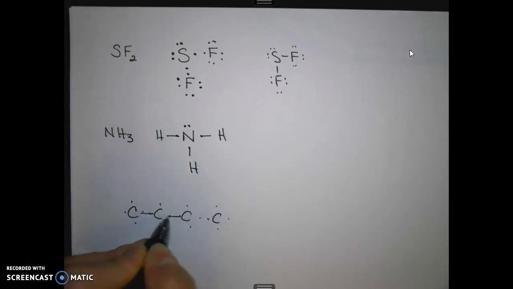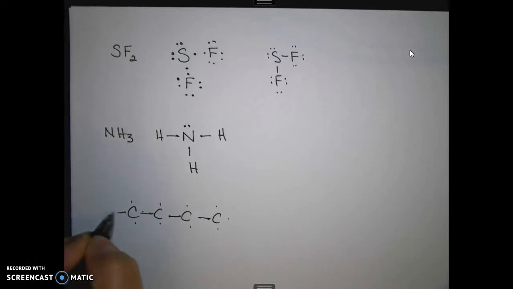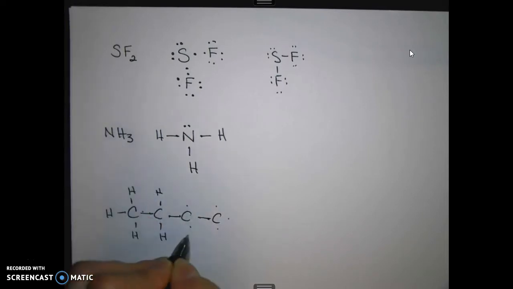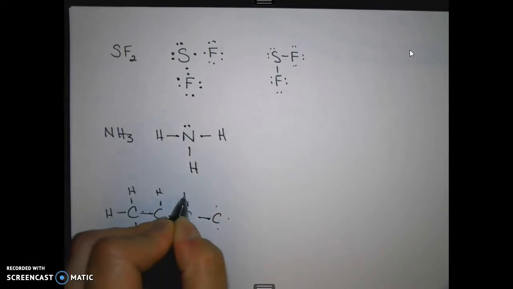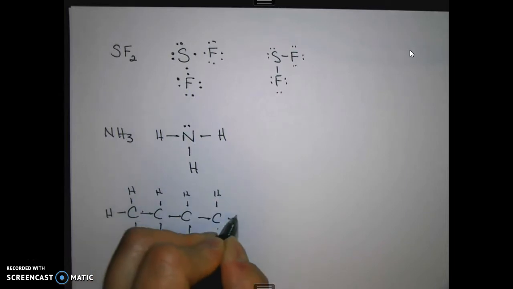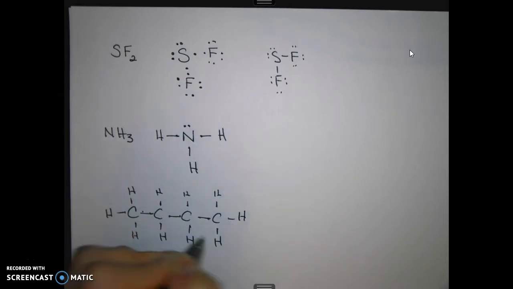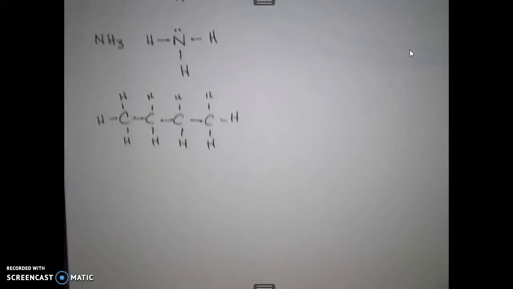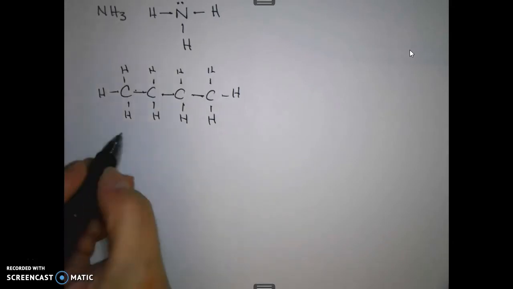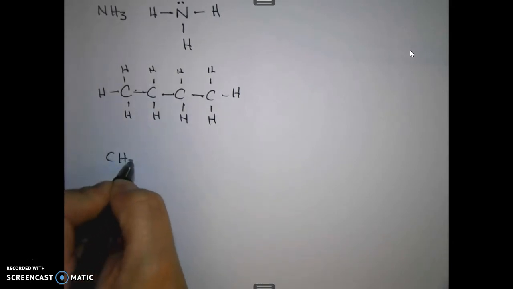So we've got the 3 bonds between the 4 carbons, and then the rest of the hydrogens, H3, H2, H2, and H3. So again, we've got no lone pairs of electrons. Everything's involved in bonding.